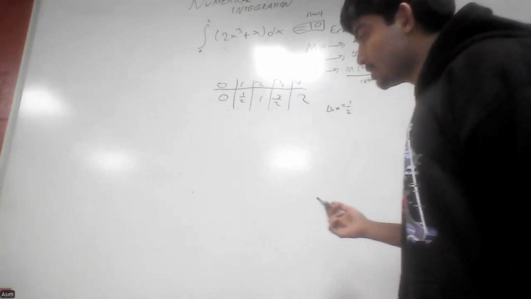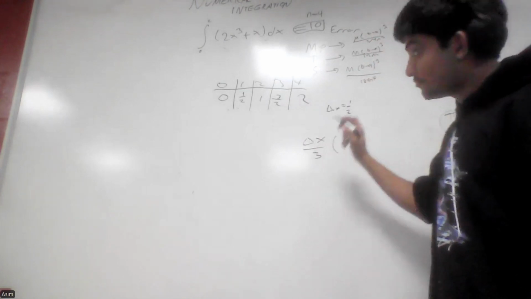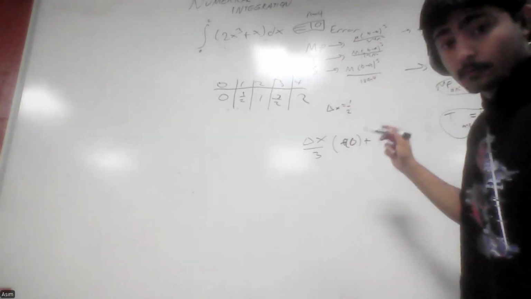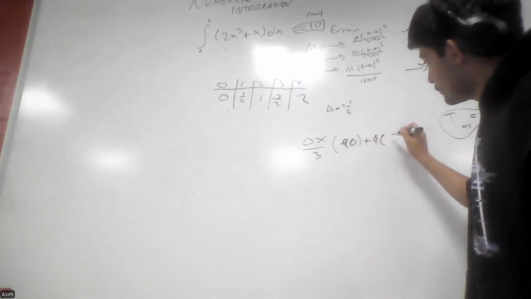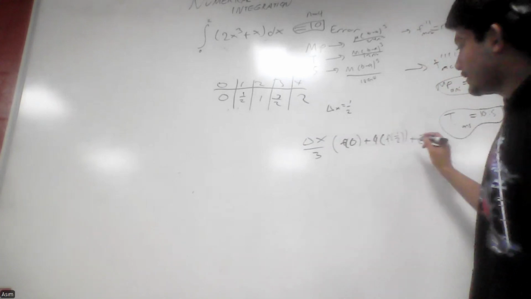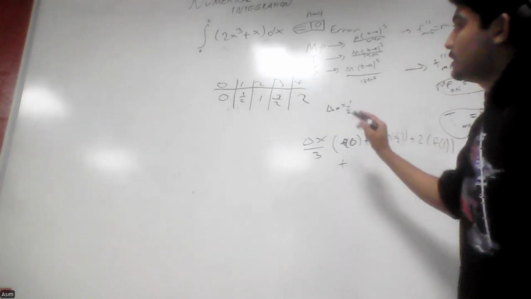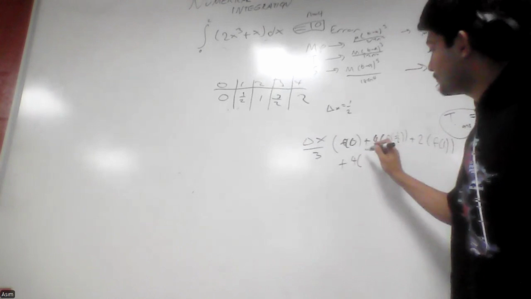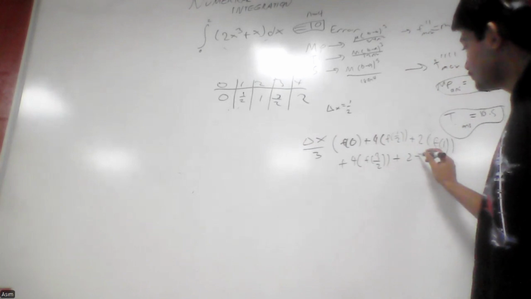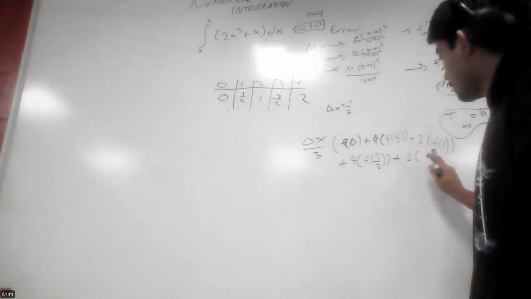Of course, in Simpson's rule, what we do is delta x over 3 times, first f of 0, plus 4 times the second one, f of 1/2, plus 2 times f of 1, plus 4 times f of 3/2, plus 2 times f of... oh, yeah.